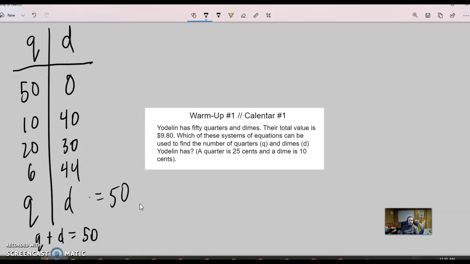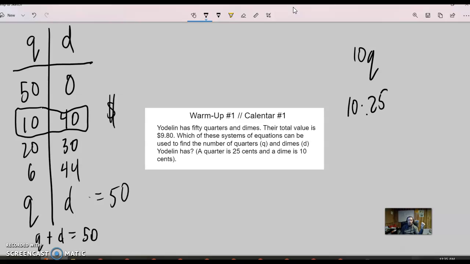Now, with that idea, let's say we had 10 quarters and 40 dimes. How much money would that be? Well, 10 quarters would be 10 times 25. And if I had 40 dimes, then what would I multiply that by?